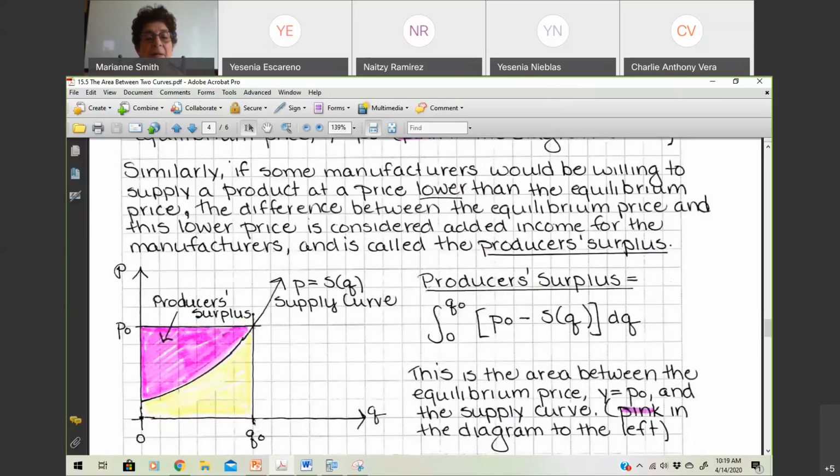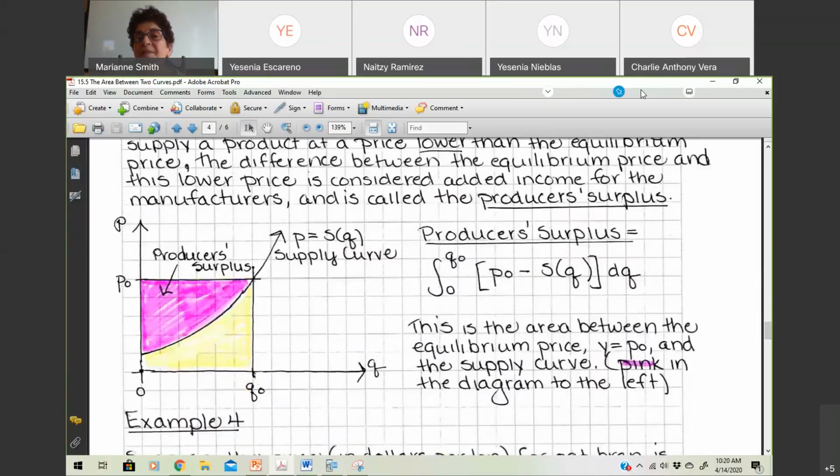It's above the supply curve. And then you subtract the supply curve and integrate from 0 to Q0. That would give you the area, the pink area here, which is called producer's surplus. Is everybody okay with this?